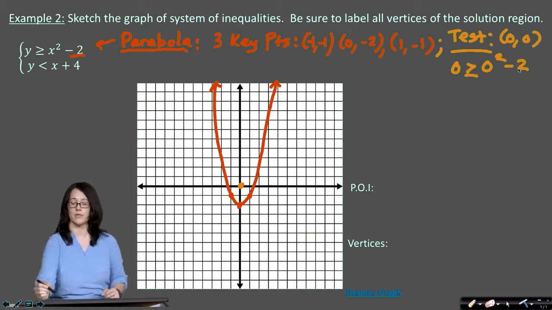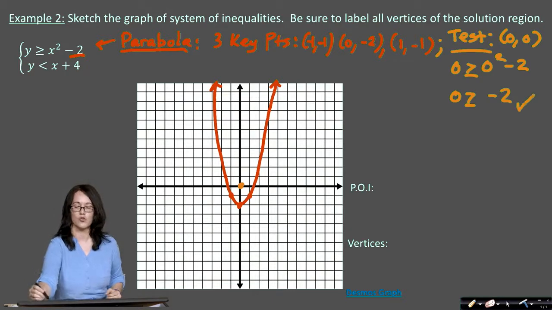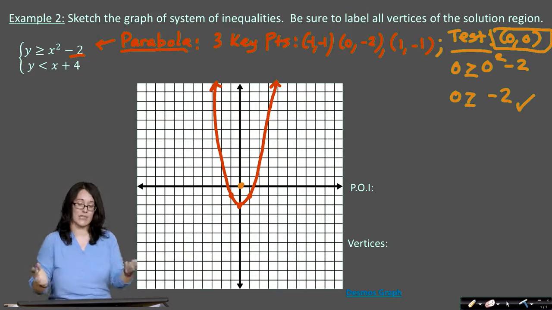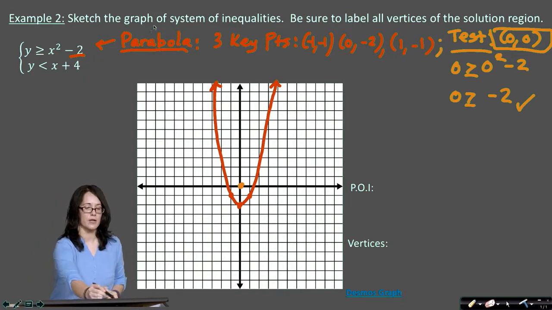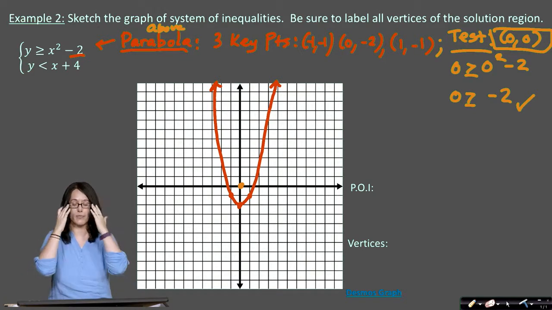In other words, 0 must be greater than or equal to -2. Is that true or false? Is 0 greater than negative numbers? Yeah, it is. Since it's true, I include (0, 0), which is above the parabola, or inside the parabola if you prefer. So I'm shading above this parabola, or inside the parabola.